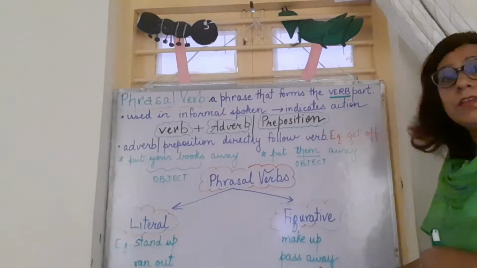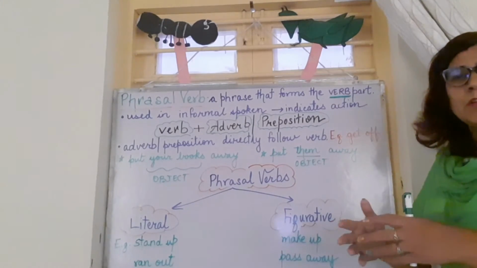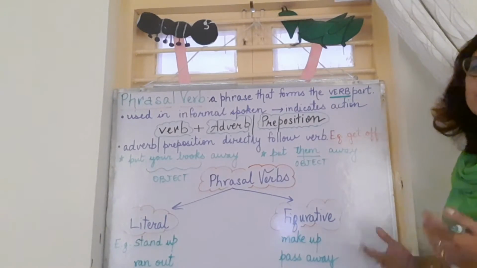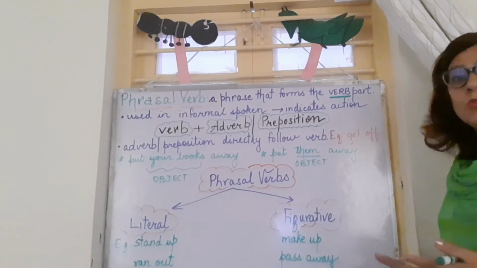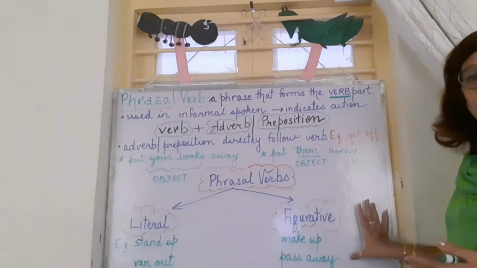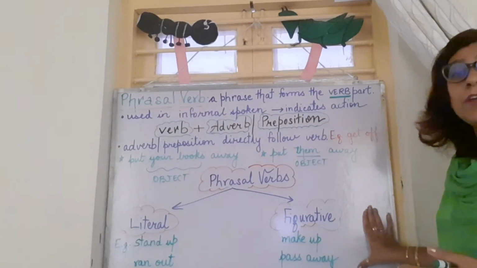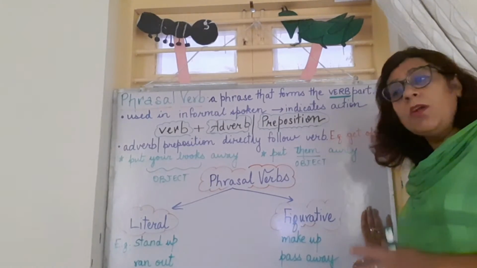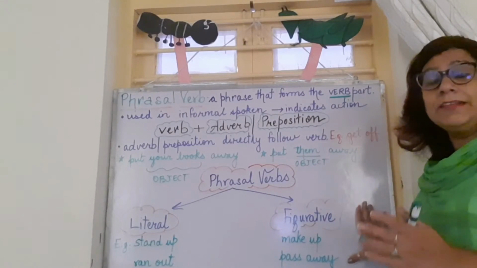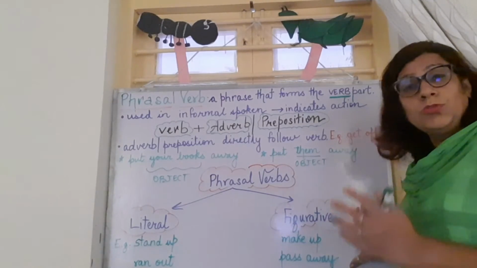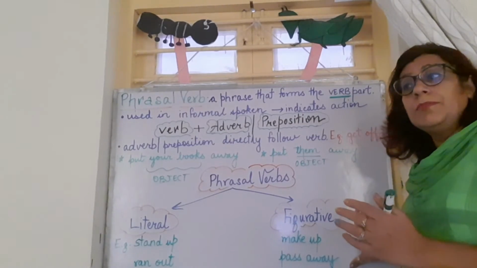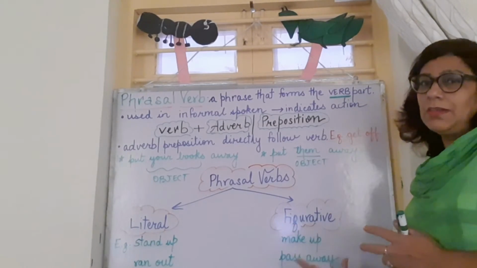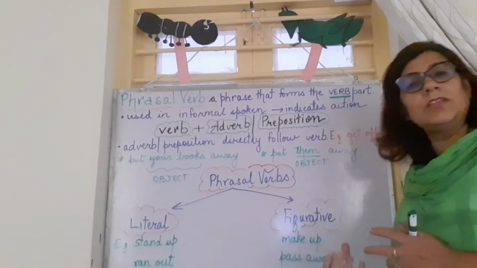Then pass away. Here pass is to give something to someone, to pass something, but pass away means to die. So for these figurative phrasal verbs, we have to either memorize their meaning so that we can use them properly, or we have to read them in sentences and understand the meaning based on the information in the sentence.